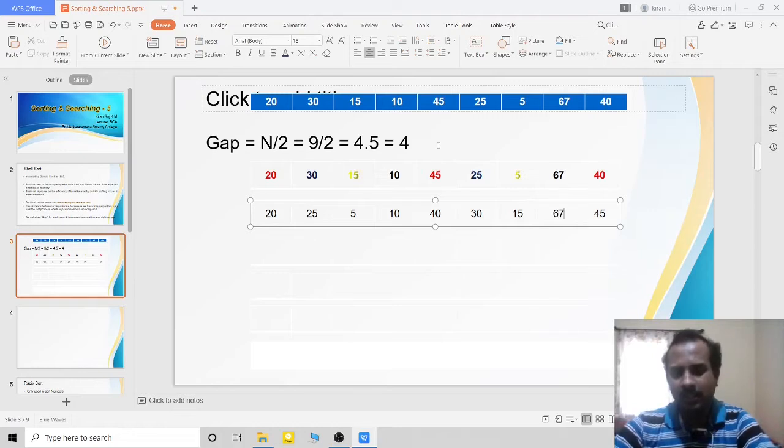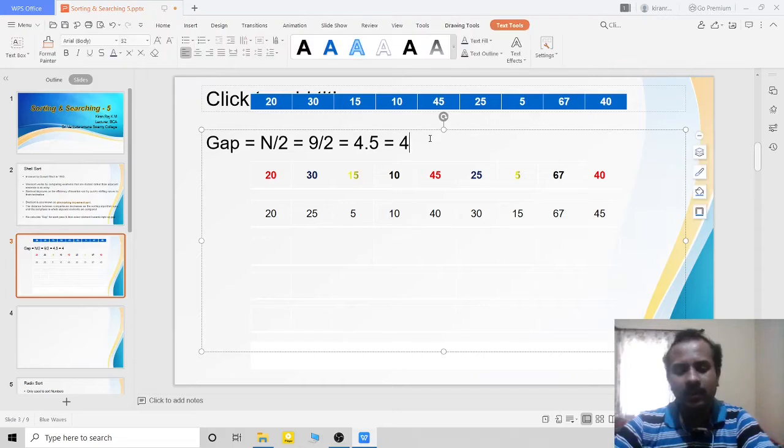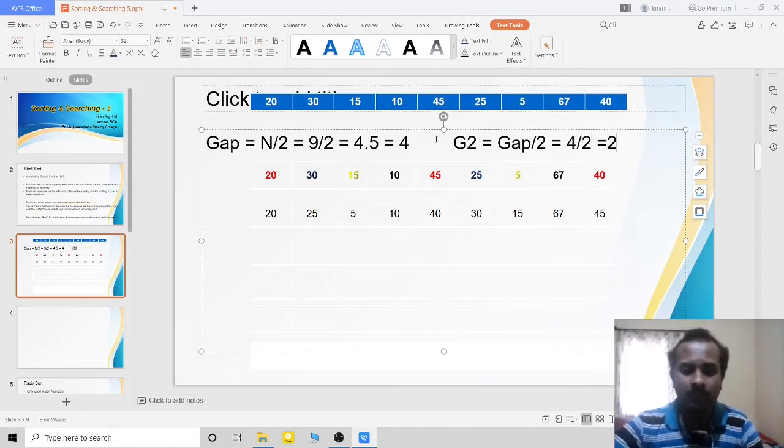And in the next iteration, I have to check the gap again, and my gap will be the previous gap by 2. Previous gap is 4. Let me have something like G2, representing gap 2. G2 is equal to gap by 2, which is 4 by 2, which is equal to 2.